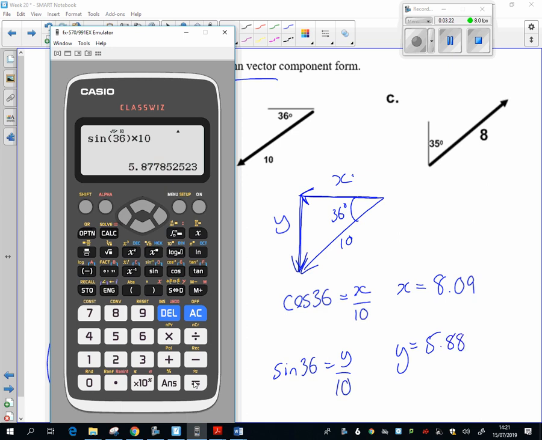I'll just do this one as a column vector. But what is important is that, as we said, they are both going in the negative direction. So it's minus 8.09 and it's minus 5.88, and if you gave that as an i and j vector, it'd be minus 8.09i minus 5.88j.